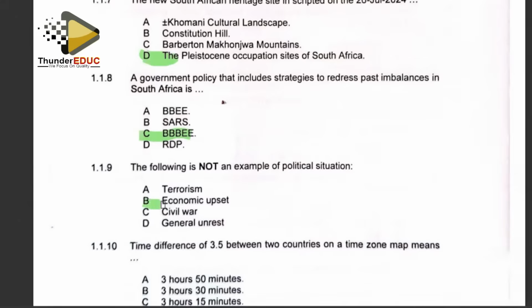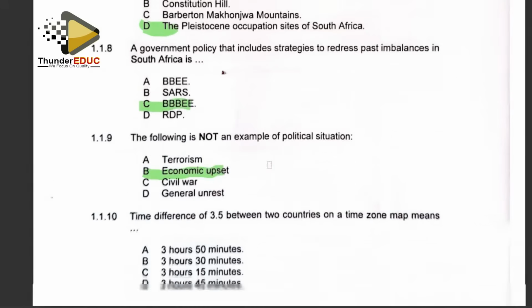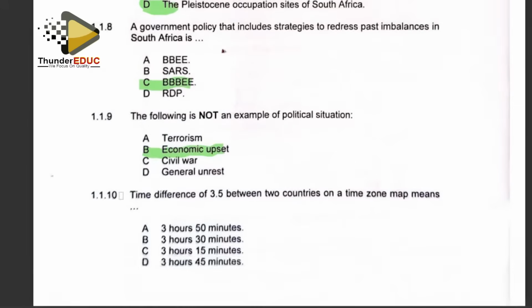So the letter B is not an example of a political situation. An economic aspect is mainly economic, so it has nothing to do with politics. 1.1.10, the time difference of 3.5 between 2 countries on a time zone map actually translates to 3 hours 30 minutes. That is the time difference.